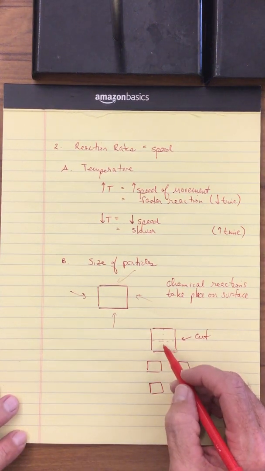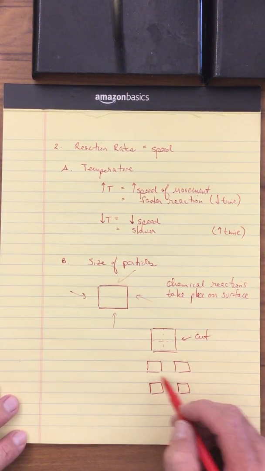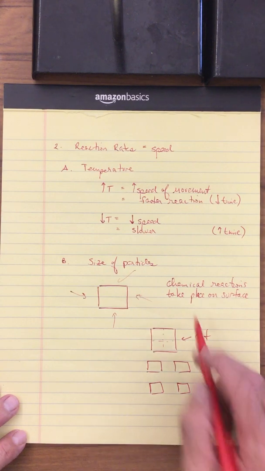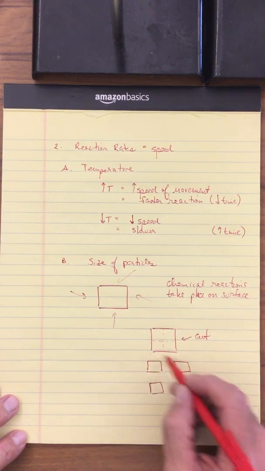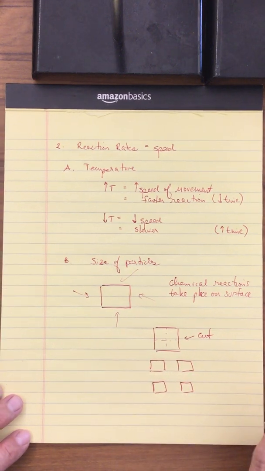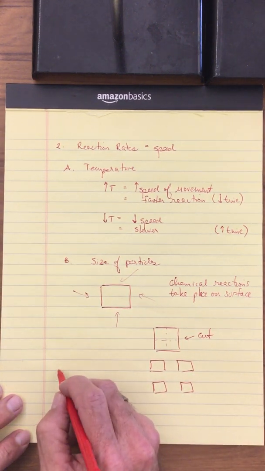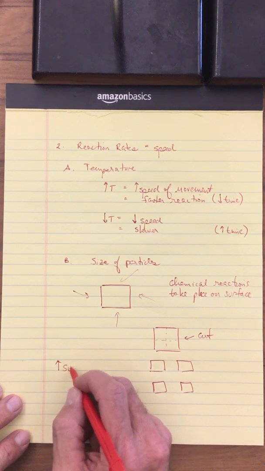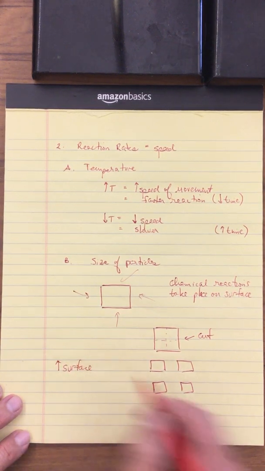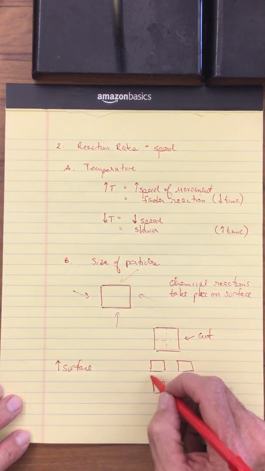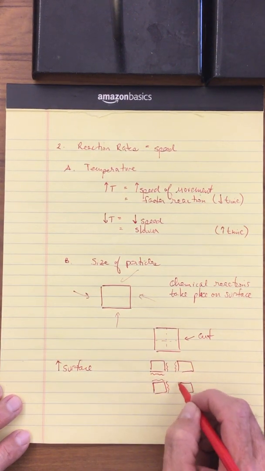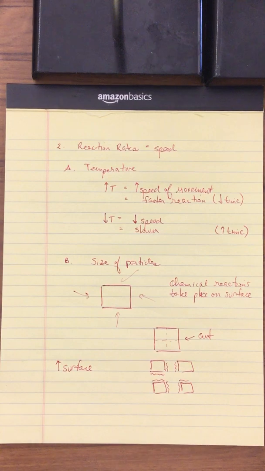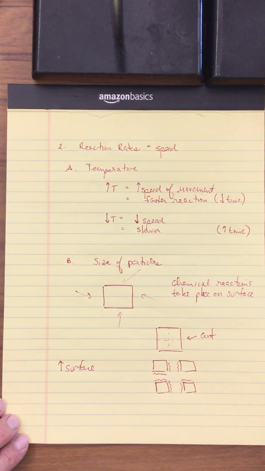All these pieces on the inside are now exposed. If the chemical reactions take place on the surface, we've now increased the surface. So what we've done here is we've increased the surface for the reactions to take place. All of these pieces used to be hiding on the inside, and now they're exposed. We've increased the surface. There's more surface.